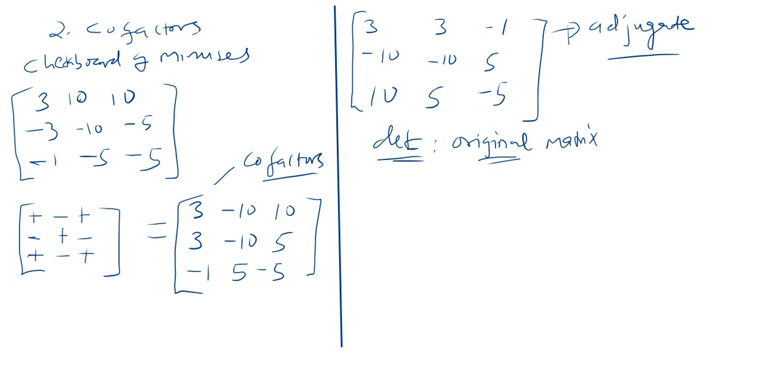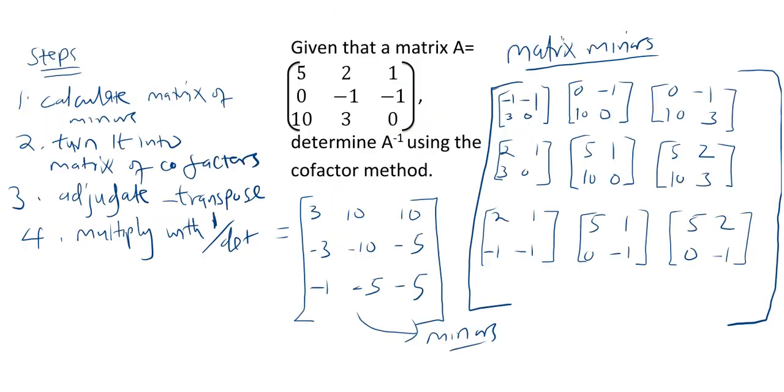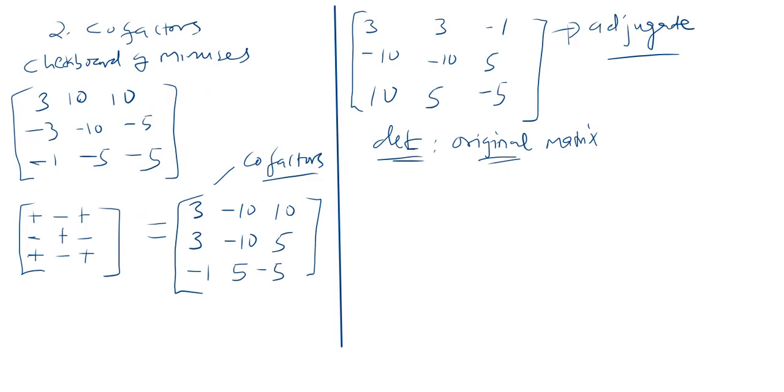So we shall calculate the determinant of our original matrix, this one. Our original matrix was 5, 2, 1, 0, negative 1, negative 1, 10, 3, 0. Generally, let me show you.